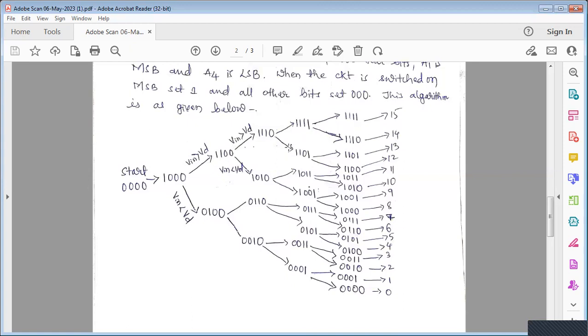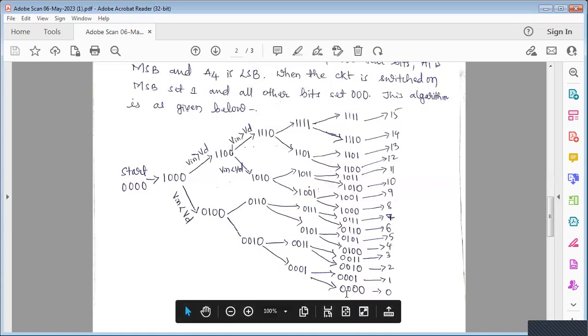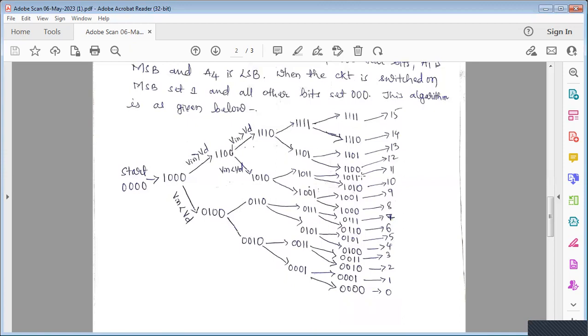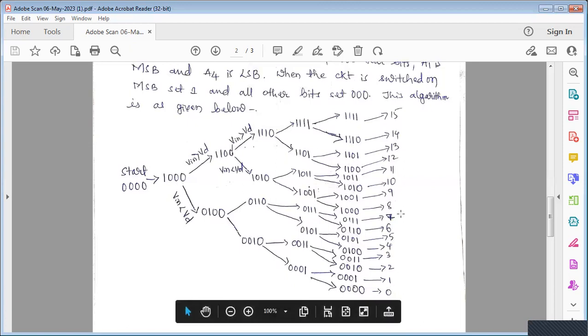Similarly, the same thing happens here. According to these two conditions, we have to set or reset a bit, and you follow the same procedure for all of these. What you will come to know is that the processing of the algorithm stops here. When you look at all these binary numbers, they are the numbers from 0 to 15.